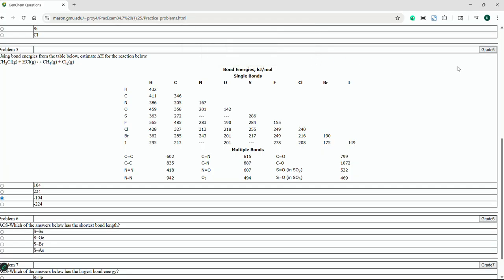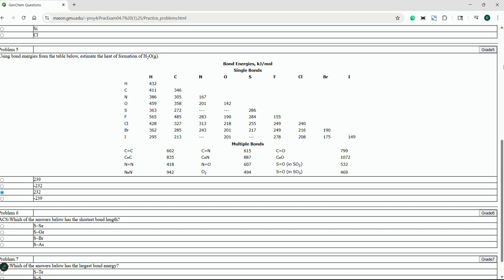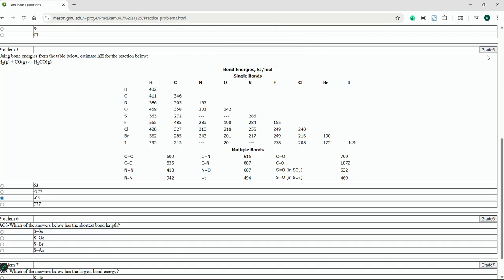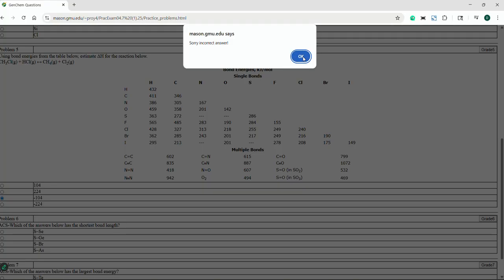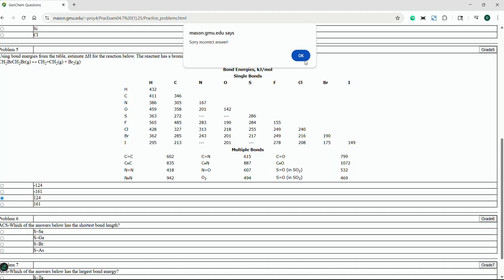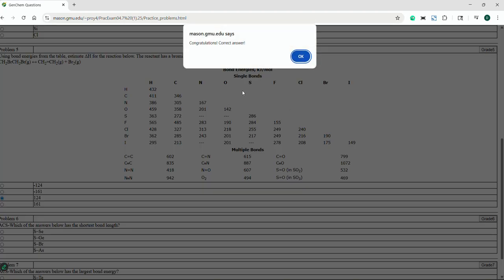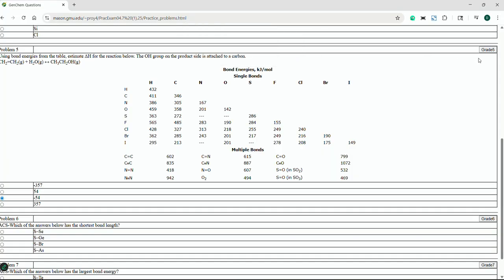Wait. Okay. That sucks. Where is it? Okay, I'll just ask the professor about this question. I'm not sure why it is not.